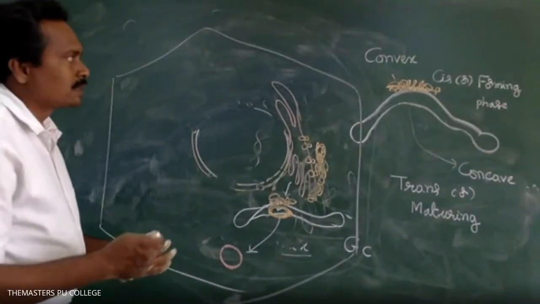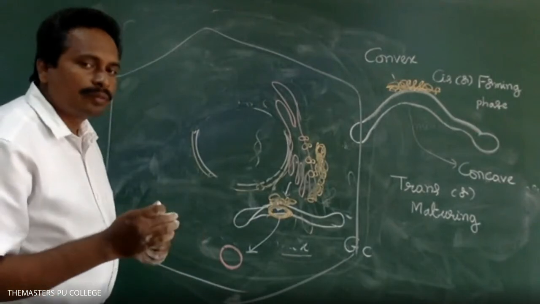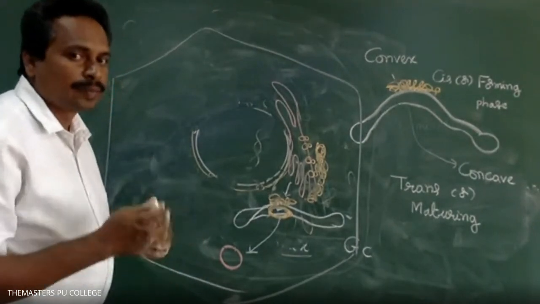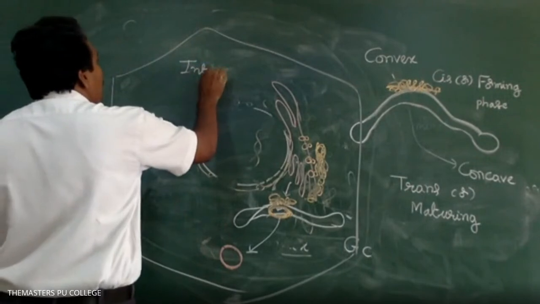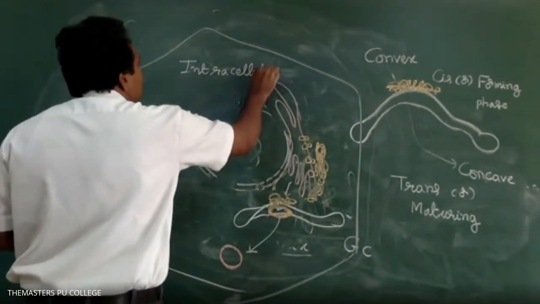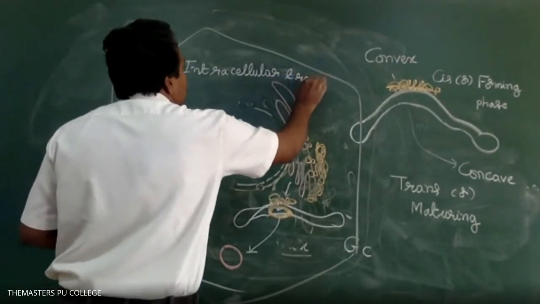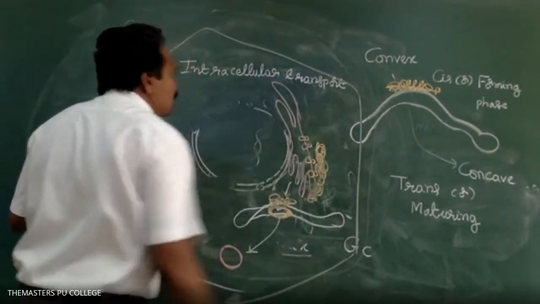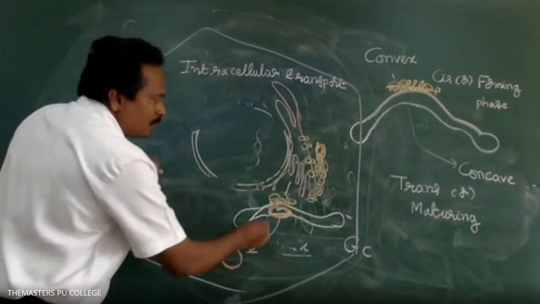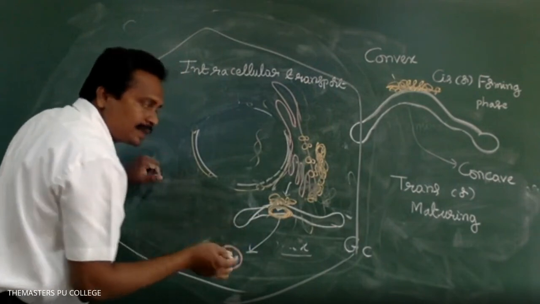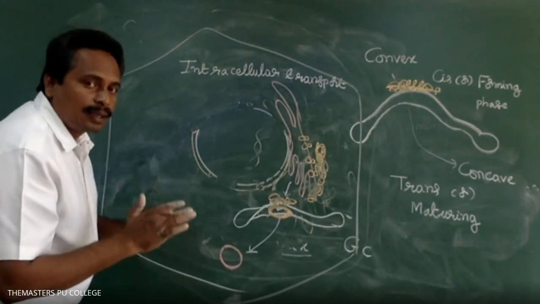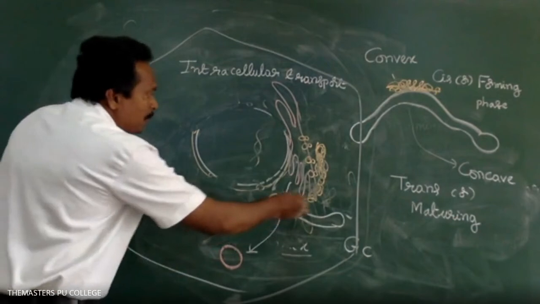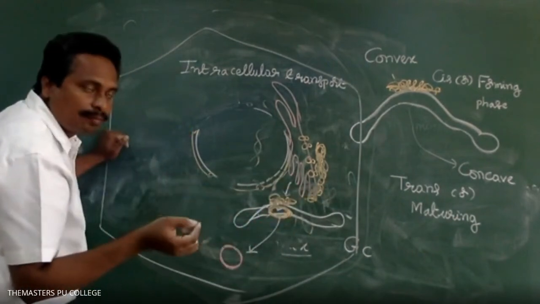The Golgi complex cell organelle is involved in the transportation of substances within the cell, in intracellular transportation. Intra means inside, inside the cell.